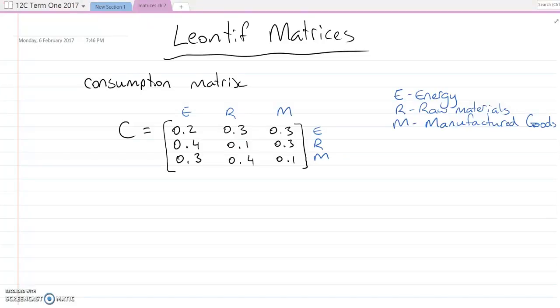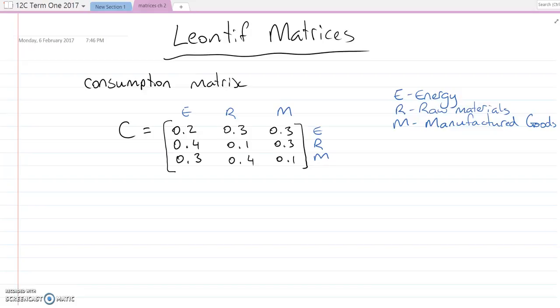Okay, Leontief matrices, the next topic. We've done something a little bit like this last year, where we had a consumption matrix of coal and steel, where you need a little bit of coal and a little bit of steel in order to make 1 ton of steel.